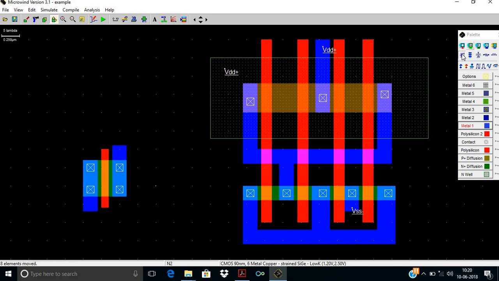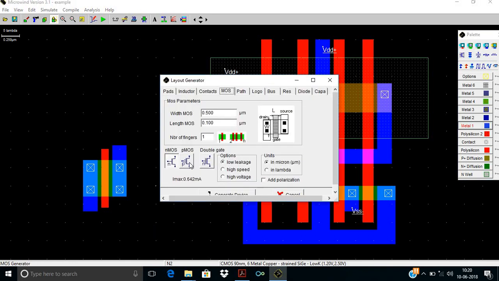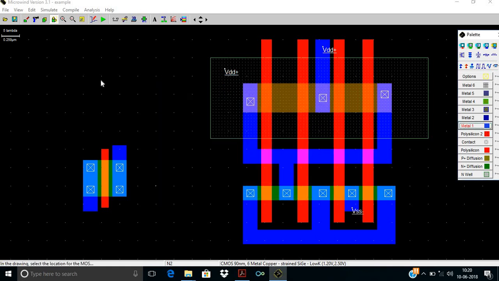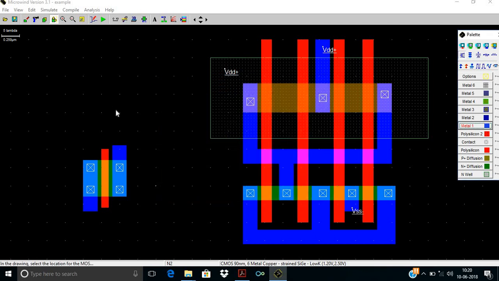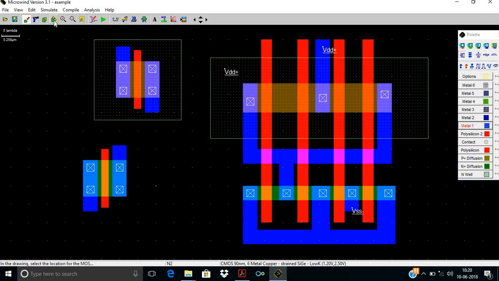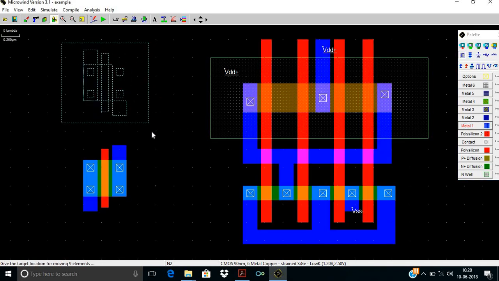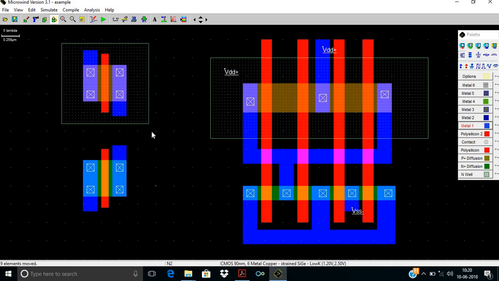After that, MOS generator, PMOS device, generate the device. I will move this device. Then connect the polysilicon together.